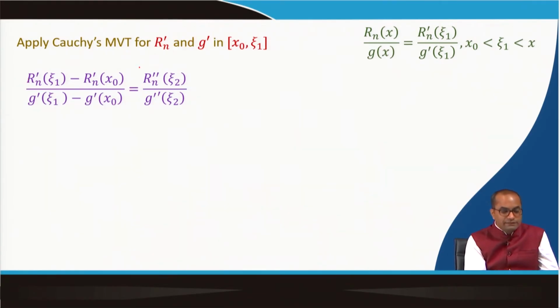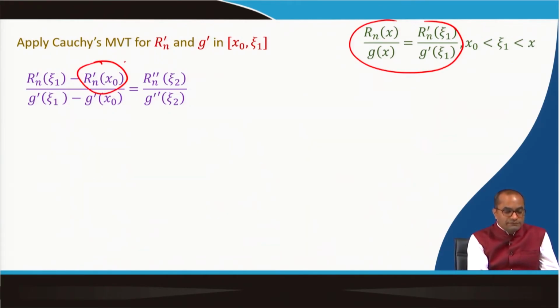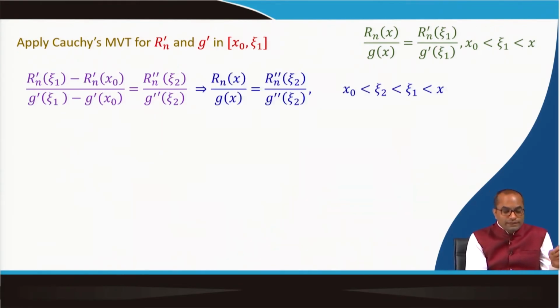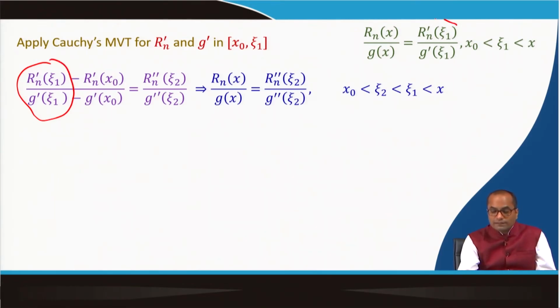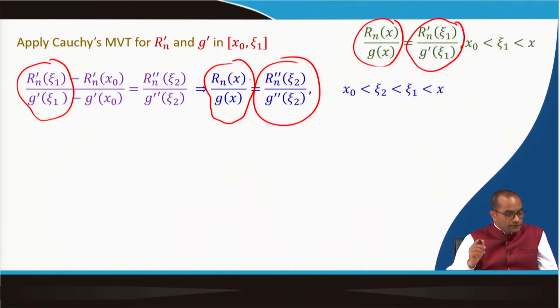This result we already have before, and we also know that the Rn derivative is 0 and the g derivative is also 0 at x naught, that we have already seen before. That is the property of Rn and g. So what do we get here? We get this ratio in terms of the derivative at xi 2, which is nothing but the second derivative of Rn and g. So finally we get Rn divided by g is equal to the ratio of the second derivatives.